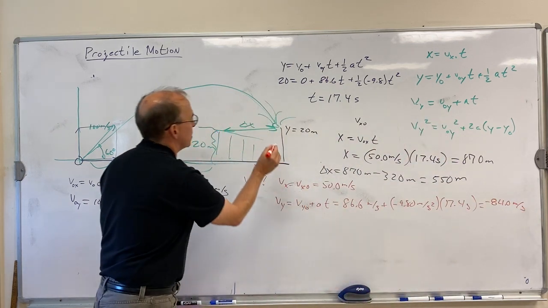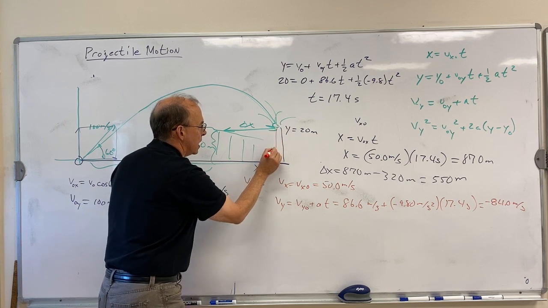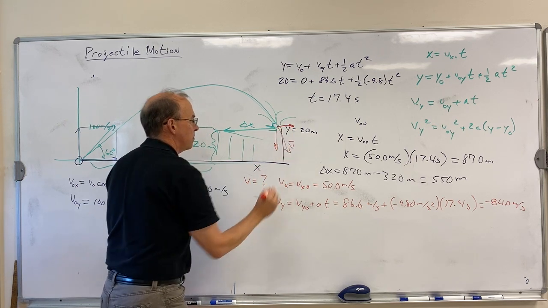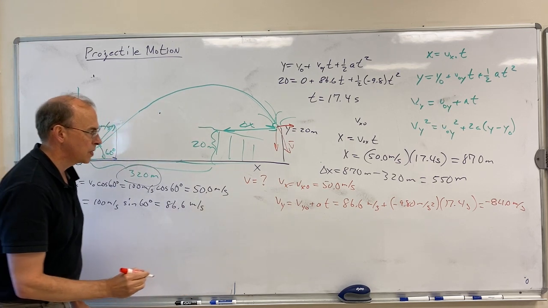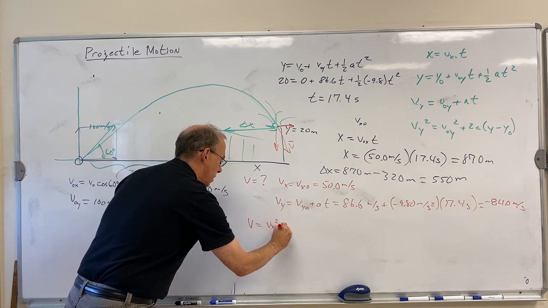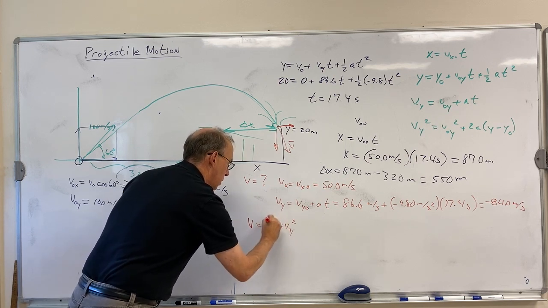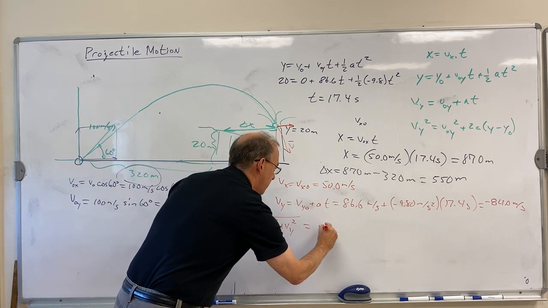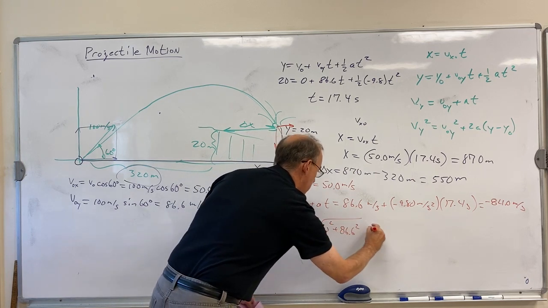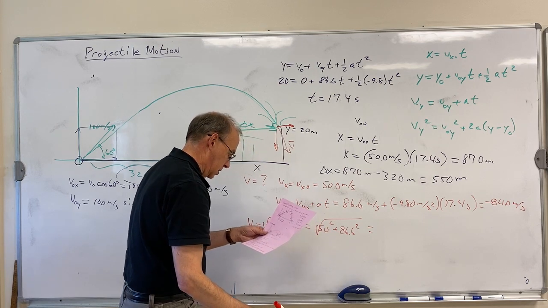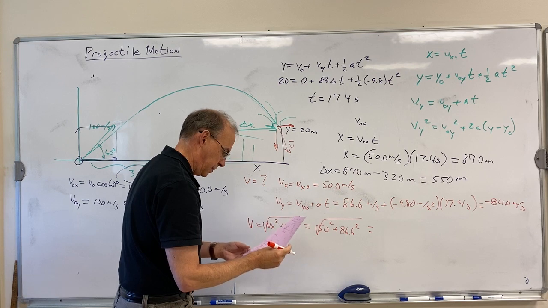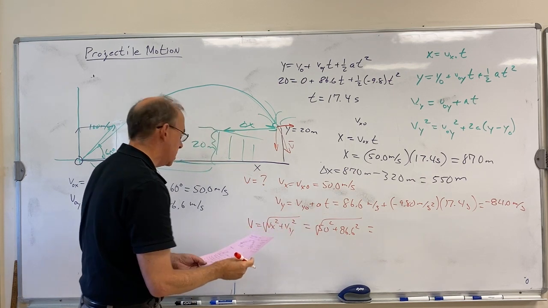That makes sense because when this hits, it's got a negative y component and a positive x component. So there's V as it hits. The size of V now is the square root of Vx squared plus Vy squared, is 50 squared plus 86.6 squared square root, is, no, that's not 86.6.